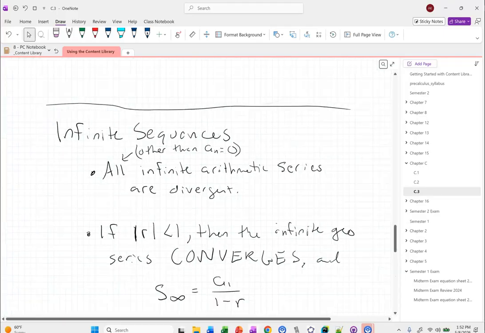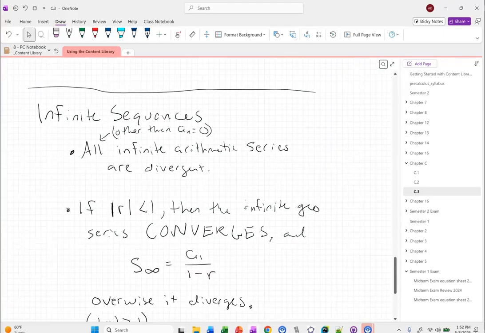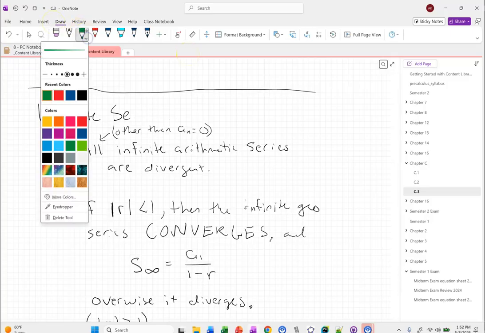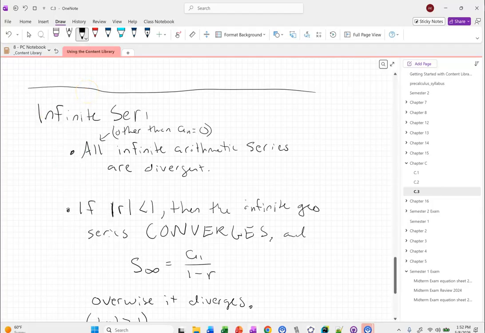Next up, what we want to talk about are infinite, I didn't mean sequences here, I meant series. So we say all infinite arithmetic series are divergent other than the trivial arithmetic series that's just zeros all the way through.